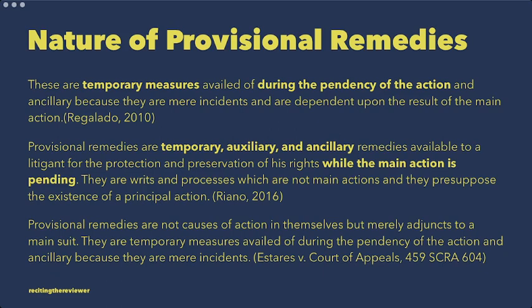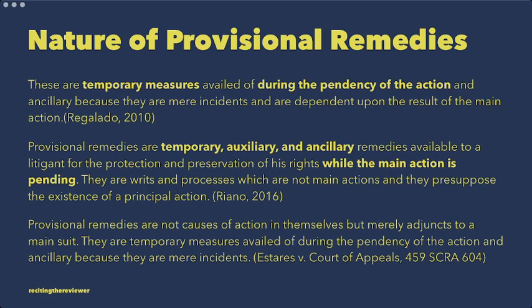They are writs and processes which are not main actions, and they presuppose the existence of a principal action. So, in other words, if there are provisional remedies, there should be a main action or the existence of a principal action.